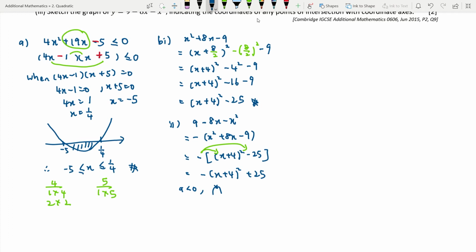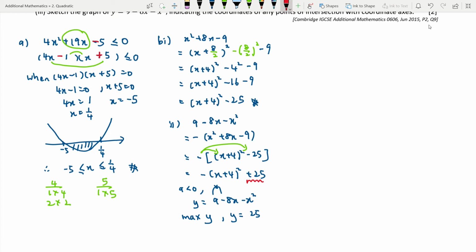If we let this expression be y, greatest value of y indicates that we are looking for maximum y. In this case, maximum y is 25. This value can be obtained from the vertex form directly.